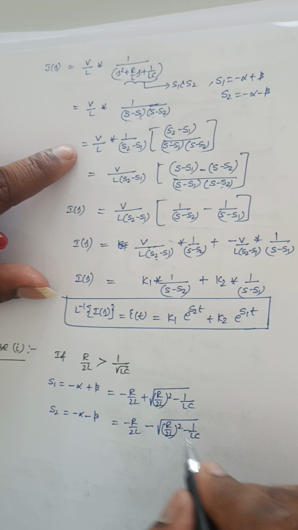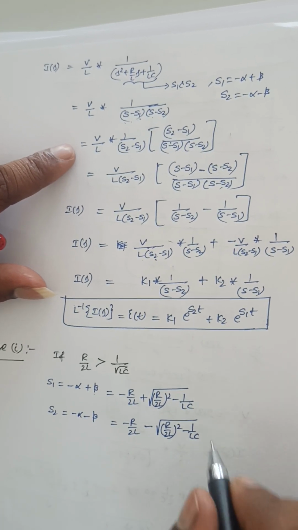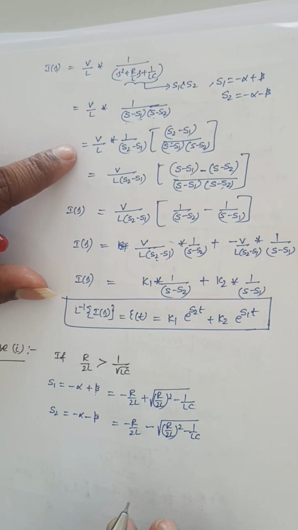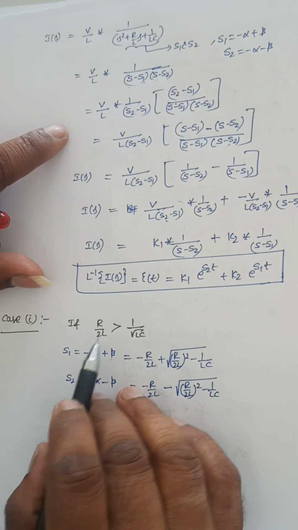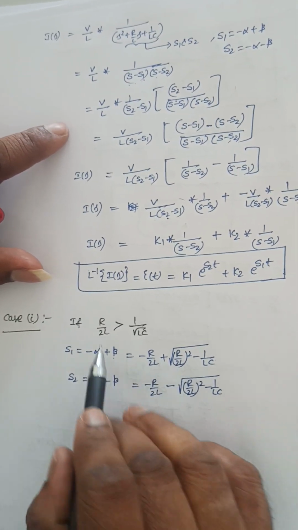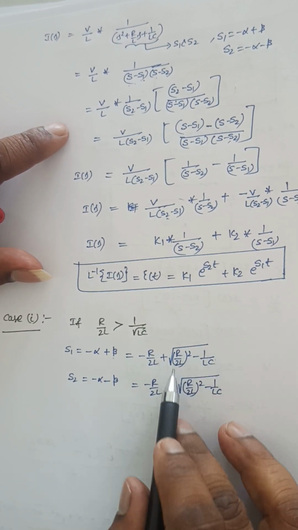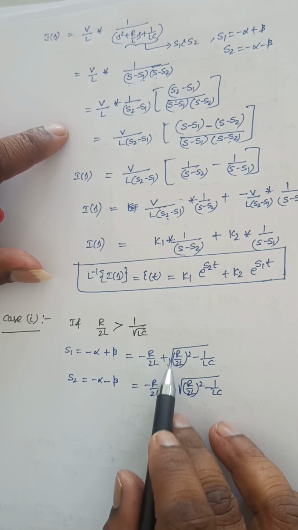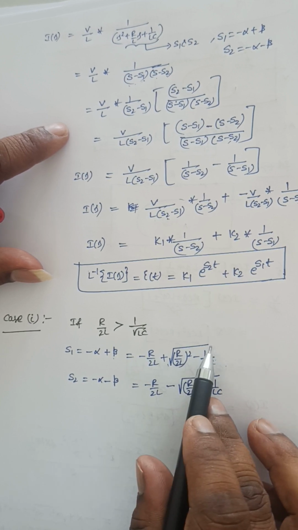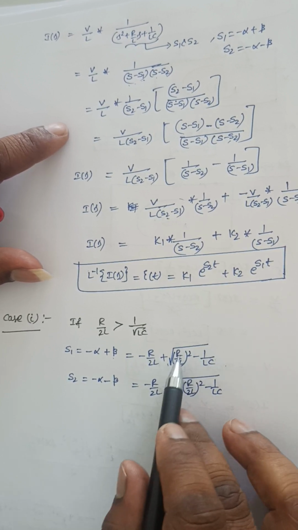Here omega naught is 1 by root LC, we know that, so beta is the square root of alpha square minus omega naught square. Now if r by 2l is greater than 1 by root LC, this term is positive, so the square root is also positive.